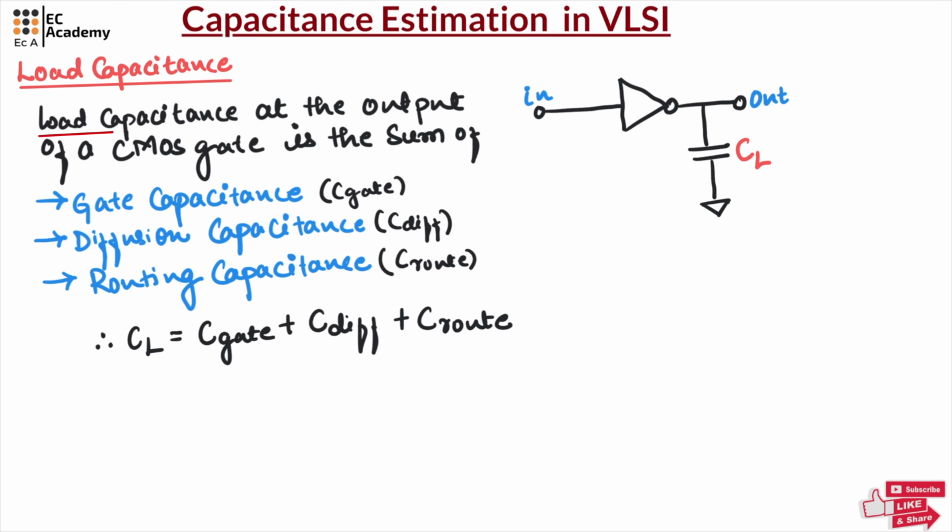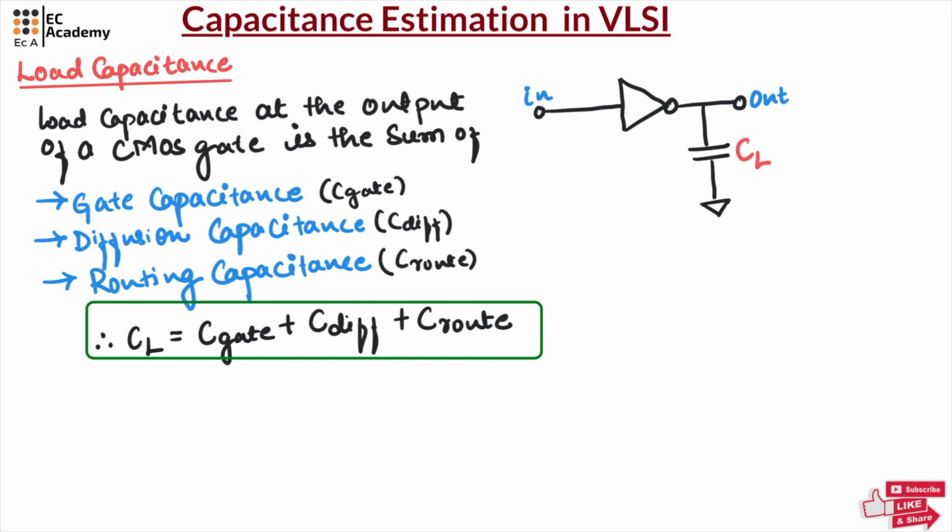Load capacitance on the output of a CMOS gate is the sum of gate capacitance, diffusion capacitance, and routing capacitance. Therefore, the load capacitance CL will be equal to C gate plus C diffusion plus C route.